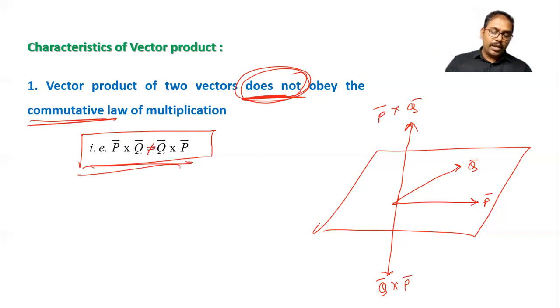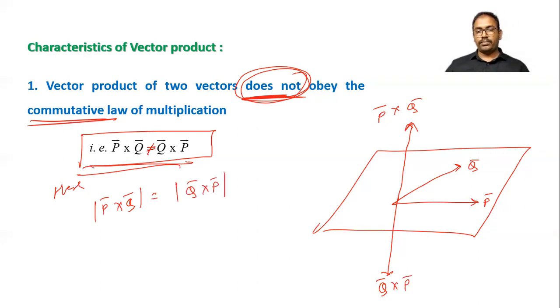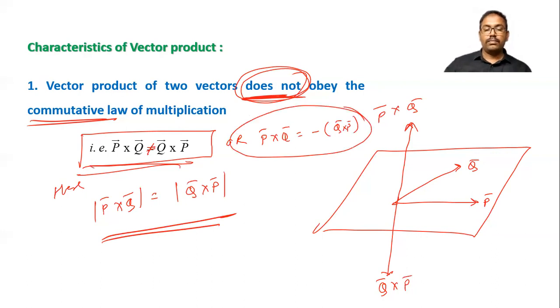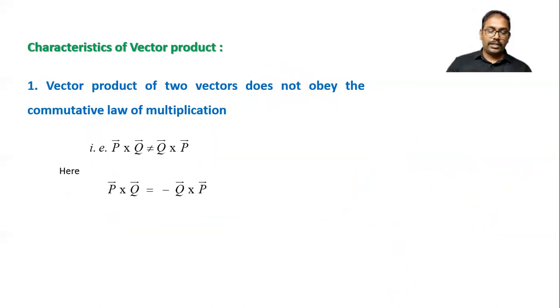Or we can write the magnitude of P bar cross Q bar and the magnitude of Q bar cross P bar: magnitude is the same, but direction is opposite. So we cannot write it like that in vector form. In vector form, you can write P bar cross Q bar is equal to minus of Q bar cross P bar. We can give the minus sign.